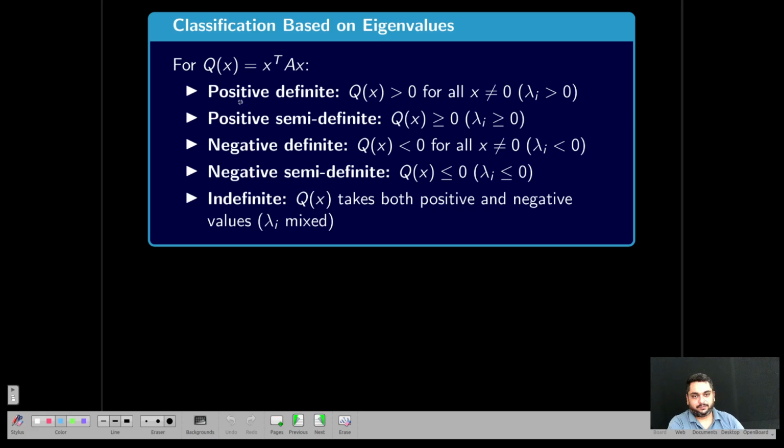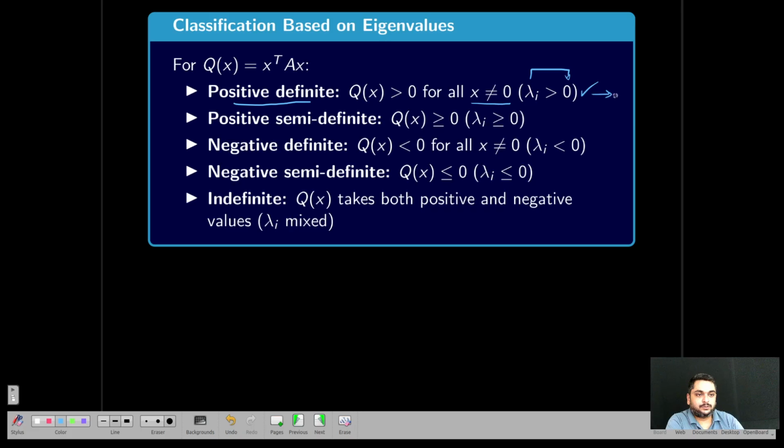What does positive definite mean? You can just remember it as definitely positive. Positive definite means the quadratic function q of x is always greater than 0, strictly greater than 0, for all x not equal to 0. That implies all the eigenvalues are greater than 0. If all the eigenvalues are greater than 0, then definitely it is positive definite.